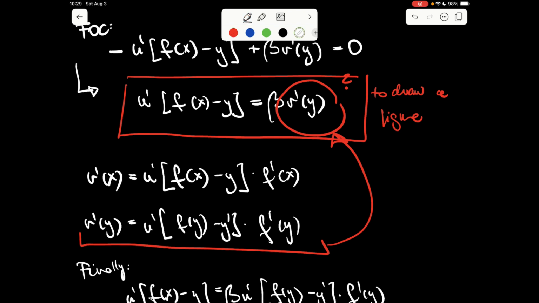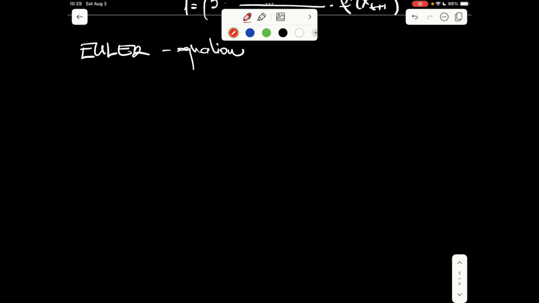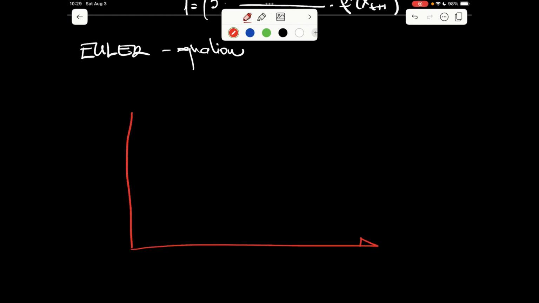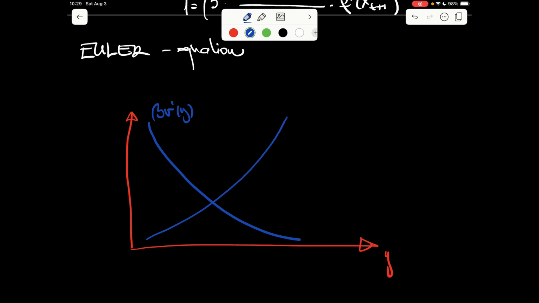If certain assumptions are met, then we can be certain that the first derivative of the value function looks like this.